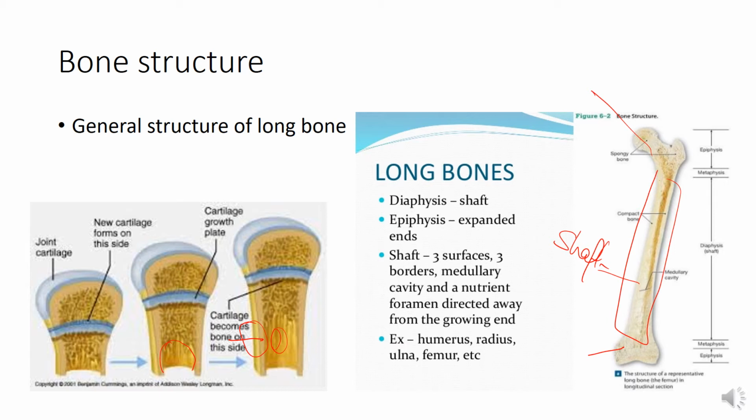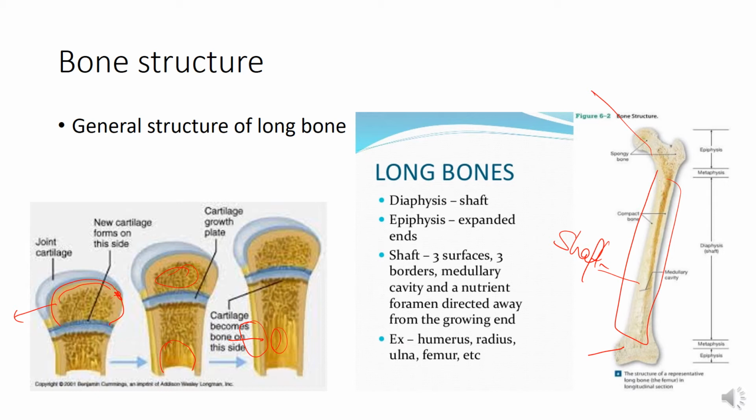The epiphysis consists of an outer covering of compact bone, with spongy bone lying inside. Here you can see the outer covering of compact bone at the end of the bone, and the spongy bone inside.